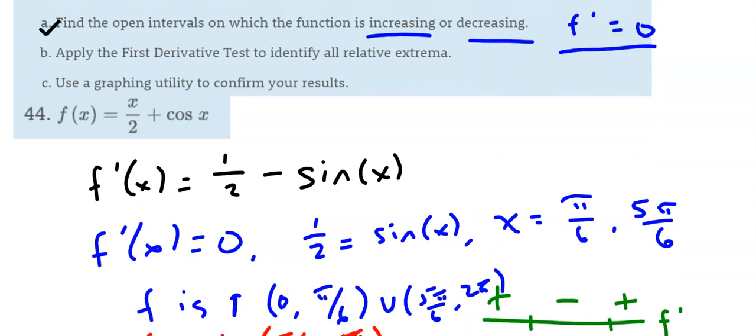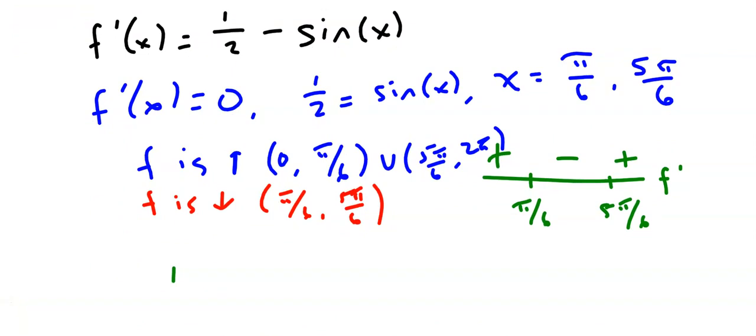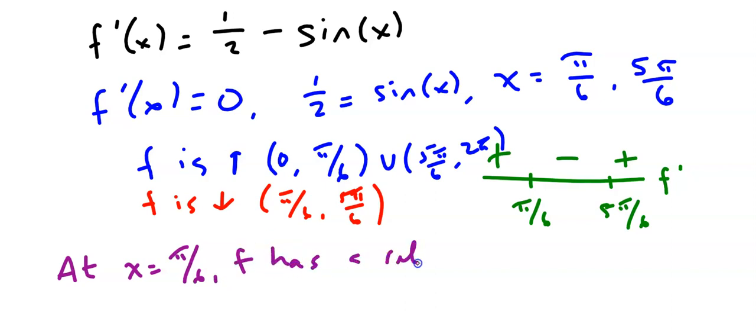Apply the first derivative test to identify all extrema. So the extrema that are around here are going to be, at x equals pi over 6, f has a relative max. The reason I know this is because f prime changes from positive to negative.